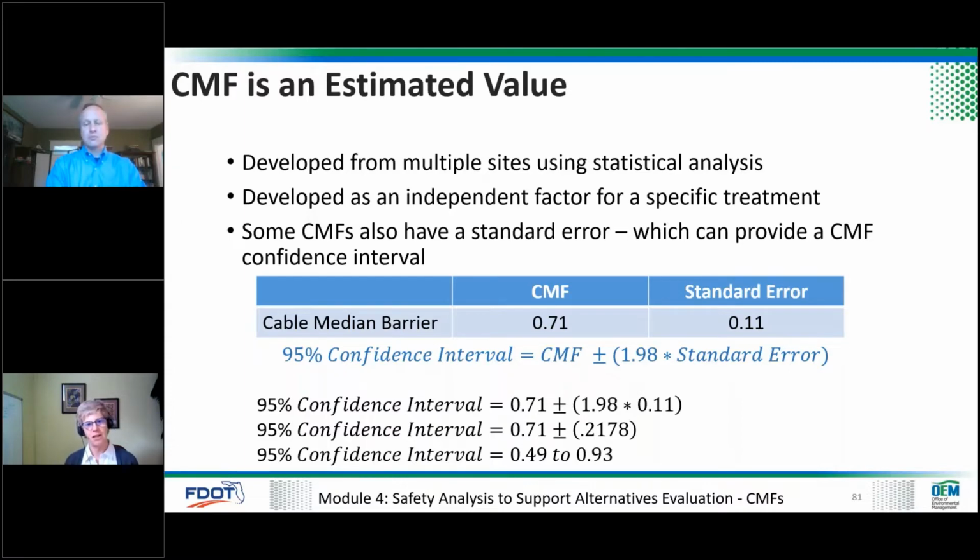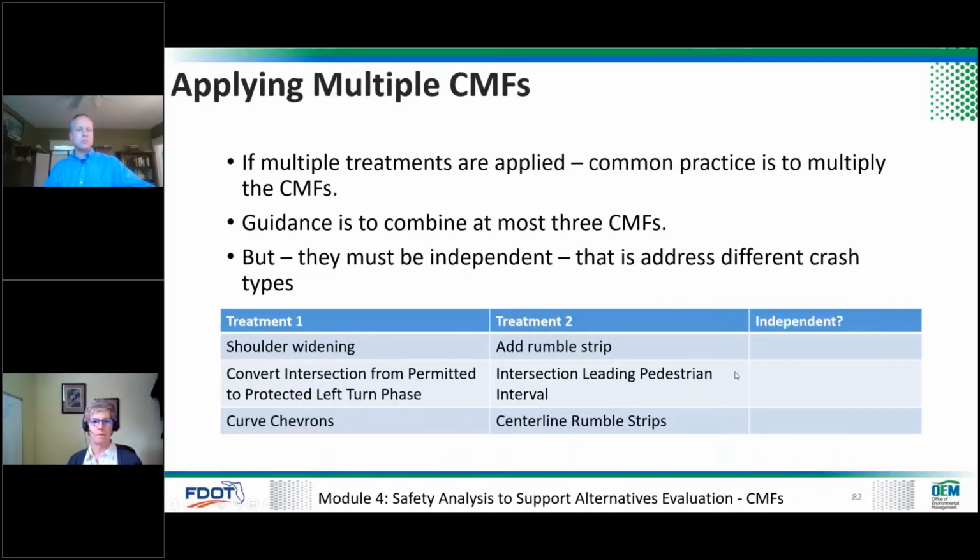So if your condition doesn't match that specific category, that base condition, you're not going to see that same result. So you want to be as careful as you can be in selecting countermeasures before you apply them. When you do apply them, most often you select one countermeasure, you apply it to your observed crashes or your predicted crashes, and you get your outcome.